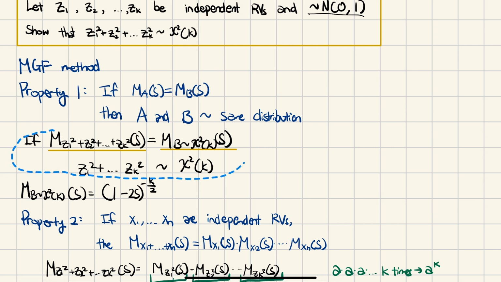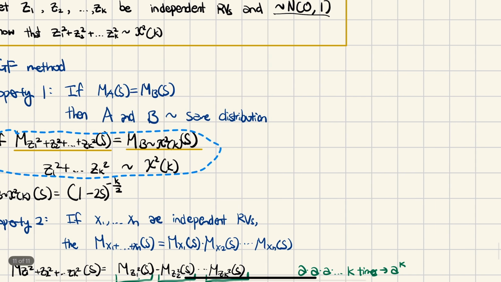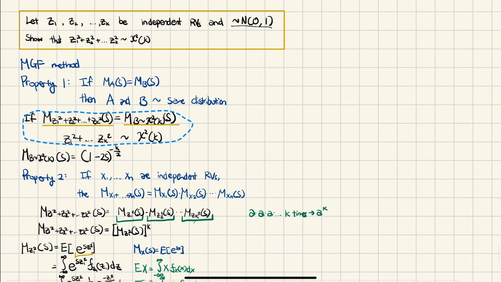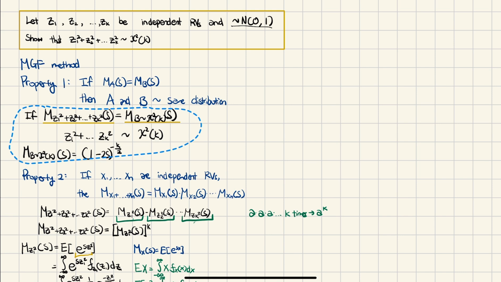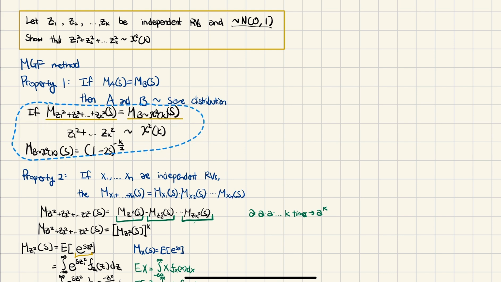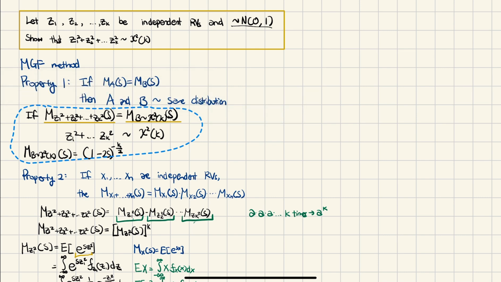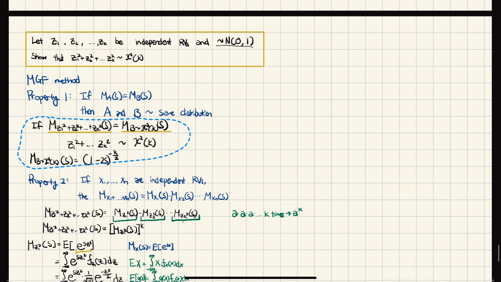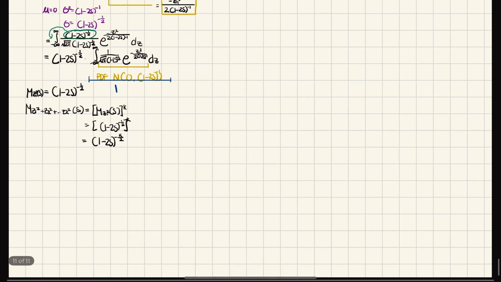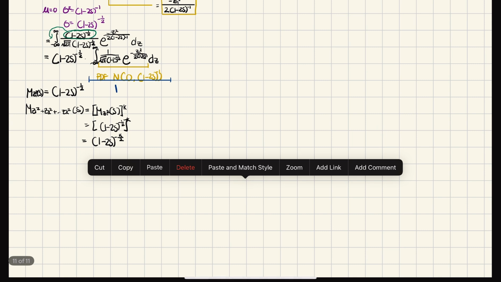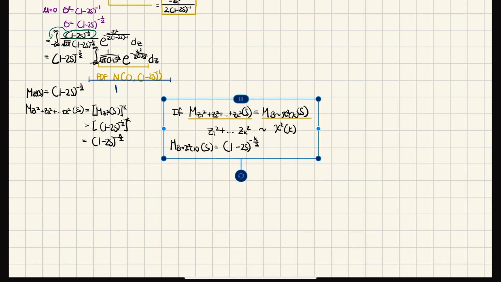Okay, so we get this thing, which is lovely, because if we go back here, we established earlier that if the moment generating function of z1 squared plus z2 squared plus all the way to zk squared equals the moment generating function of a chi-squared distribution, then z1 squared plus z2 squared plus all the way to zk squared follows a chi-squared distribution.